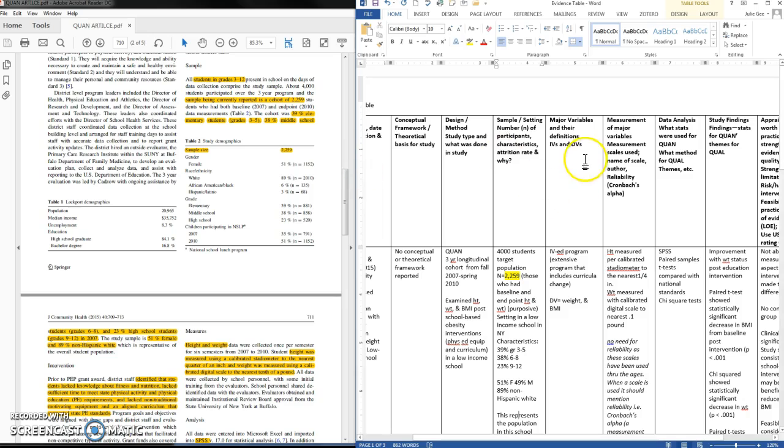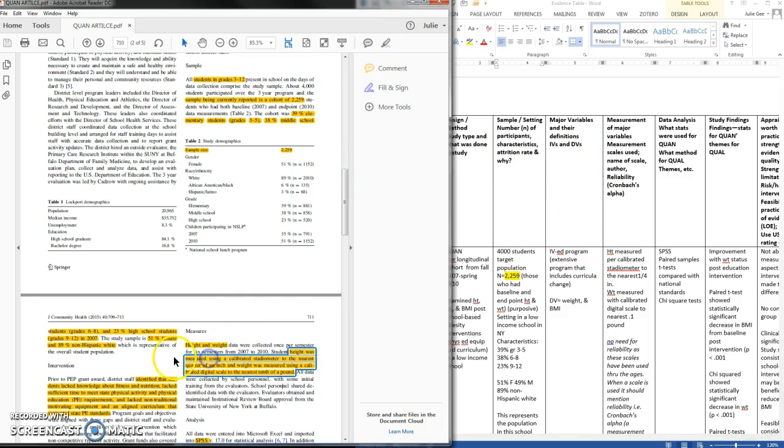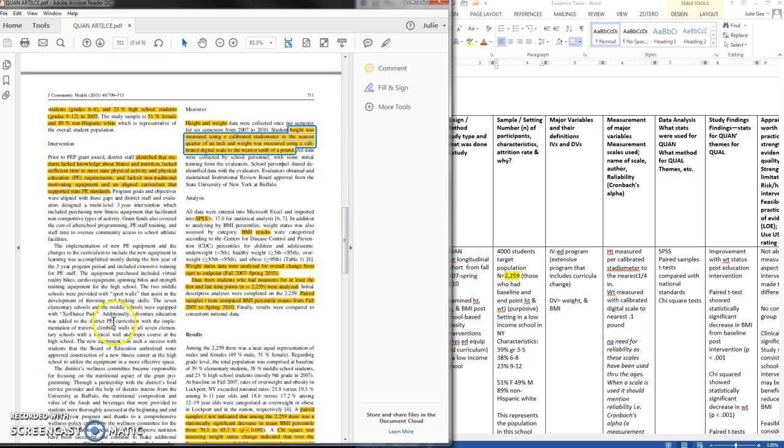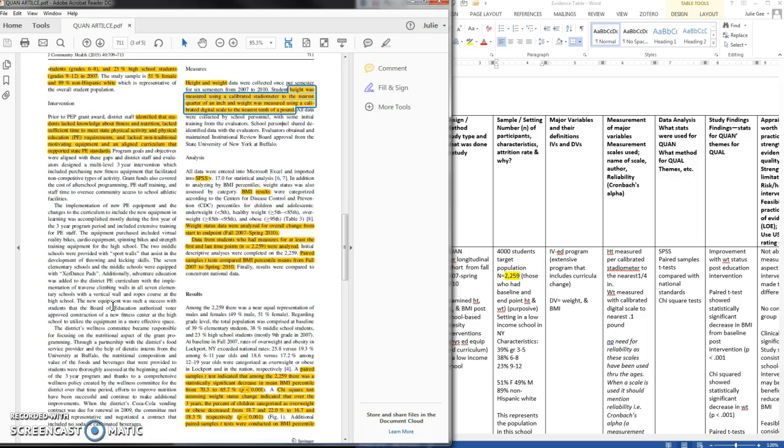So now we want to talk about major variables and their definitions. Okay, so we went to the intervention and we talked about that. They were doing a physical education program, okay? That was the independent variable, because they wanted to conduct this intervention right here to see what the impact or the outcome would be on weight and BMI, okay?